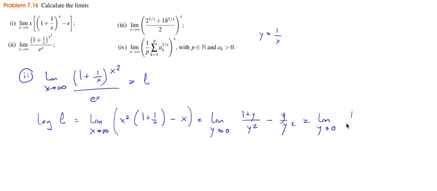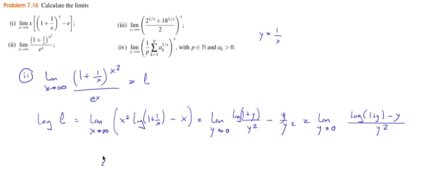Wait a minute, sorry, this is not 1 plus 1, this is the logarithm of 1 plus y, and so we have the limit of the logarithm of 1 plus y minus y divided by y squared, and then we have this is 0 minus 0 divided by 0.